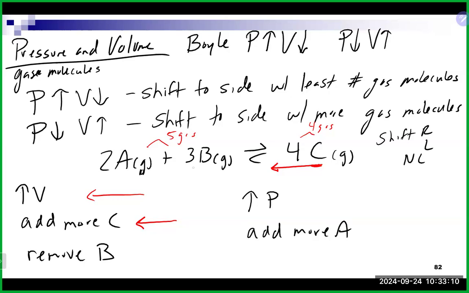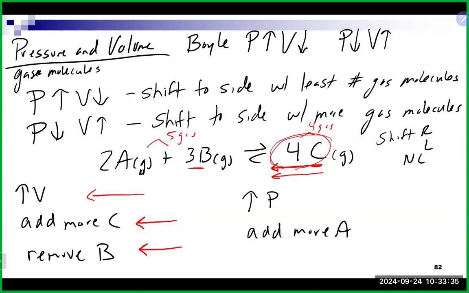If I remove B, essentially what that will mean is, again, I will actually have more products as I got rid of some reactants. That also will cause more products to collide and start reacting and cause the reverse reaction to occur and go towards the side I removed it from. So it should go to the left. Any question on those there?